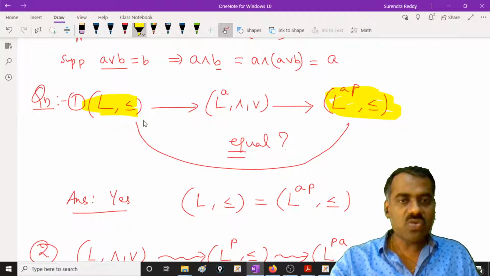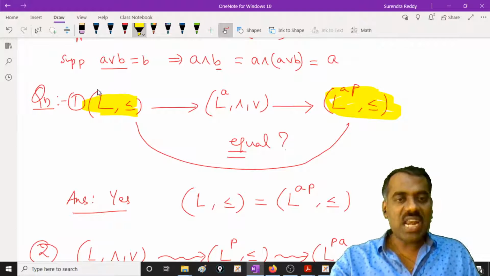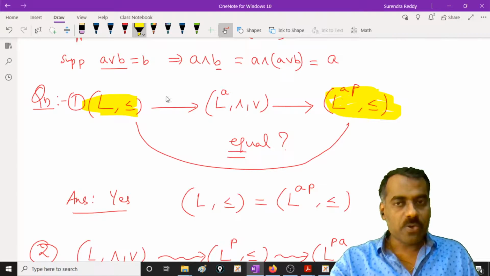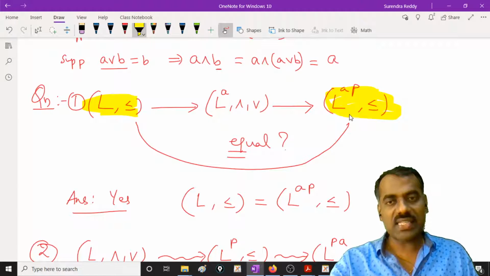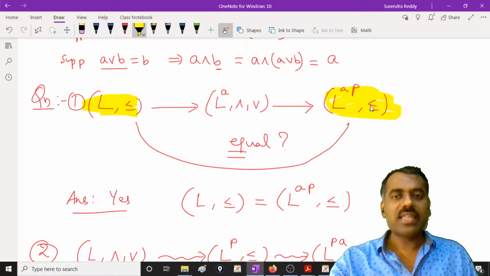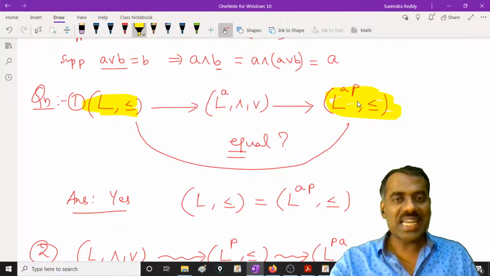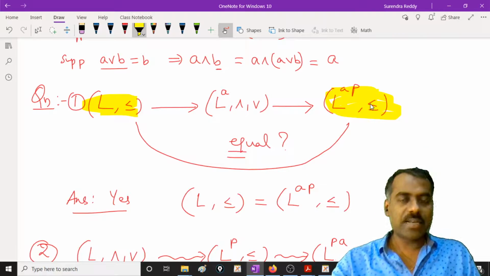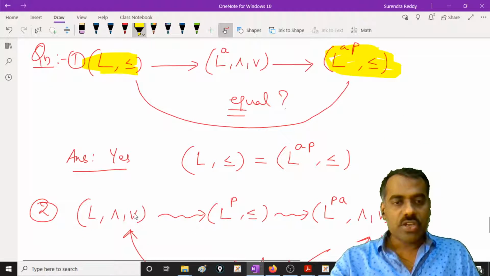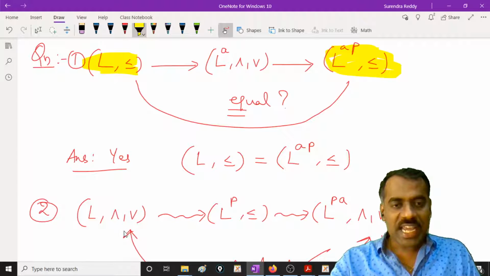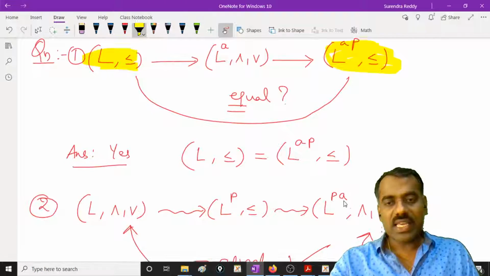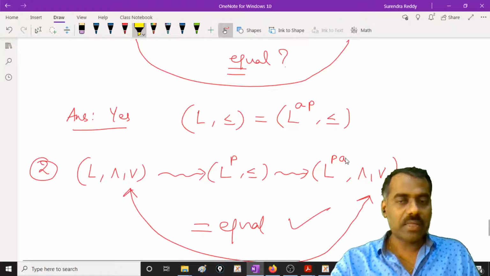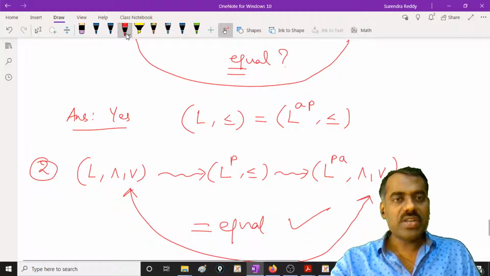That means if I take two elements A and B, if they are related here, they should be related here also, right? If I prove that the relations, the partial orderings, are the same here as well as here, then they are actually equal, because the set is the same, only how you are getting the relation is different. Is this clear? Similarly here, you want to show that if you take any two elements here, they should have a similar relation here also, right? Fine. So let's see how we do the first one.